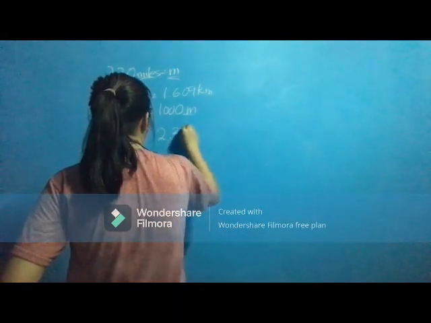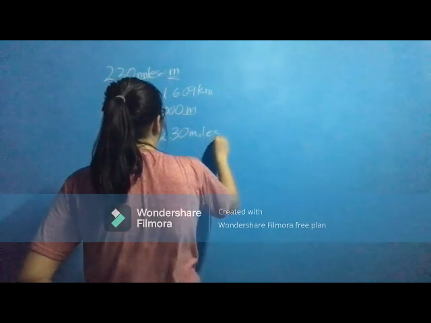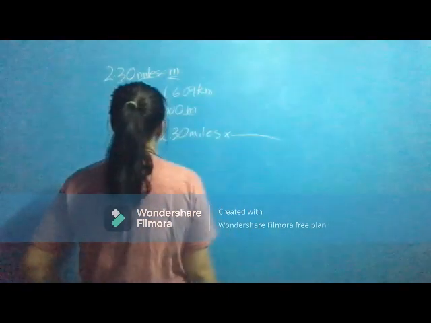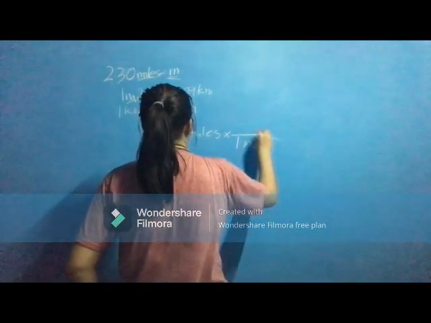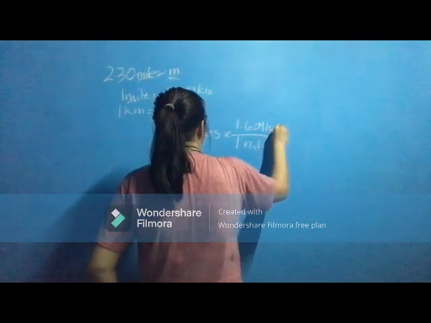Let's put the original value, 2.30 miles. Let's put on the opposite side of it, which is 1 mile for 1.609 kilometer.